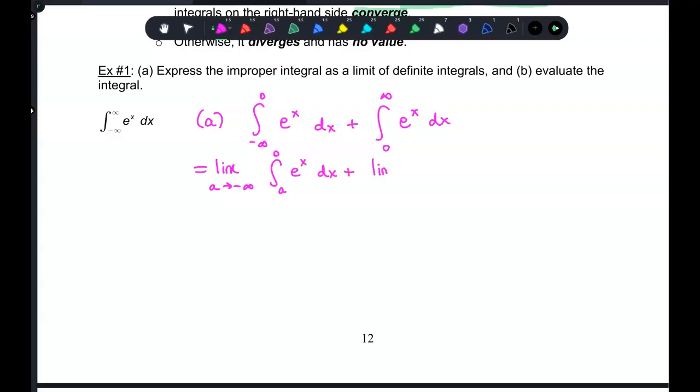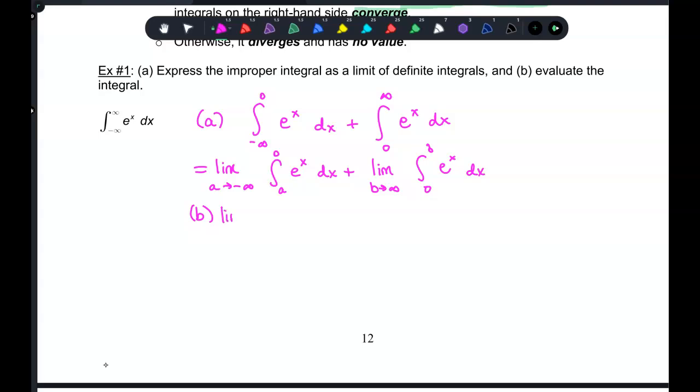And then I'm going to make this limit as b approaches infinity from 0 to b, e to the x dx. Now that 0 can be any number, right? We could have made it a 1. We can make it anything. It doesn't really matter.